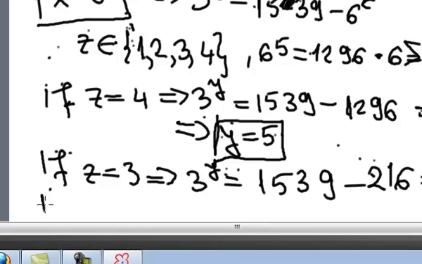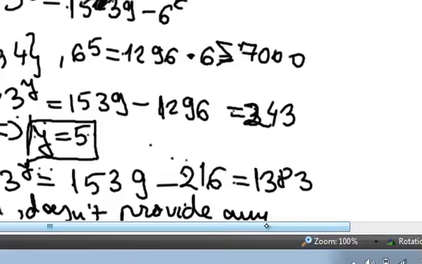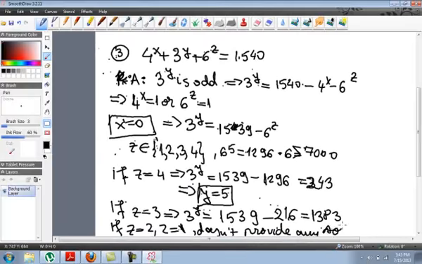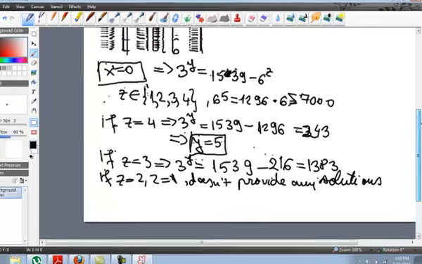Also, if we try z equaling 2 and z equaling 1, we don't have any solutions. It doesn't provide any solutions, so it doesn't match our request.